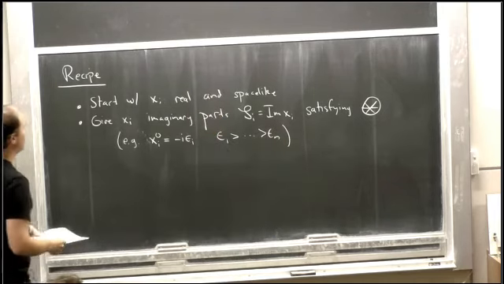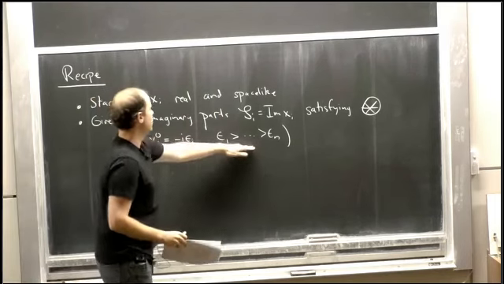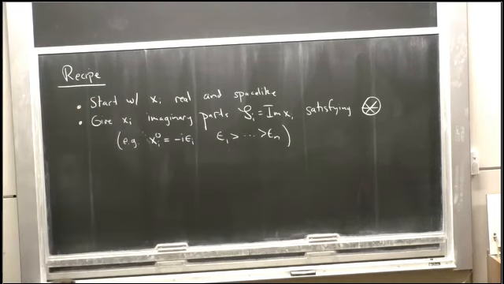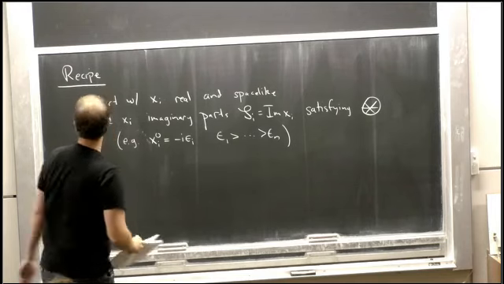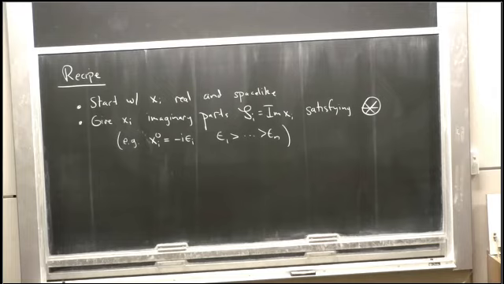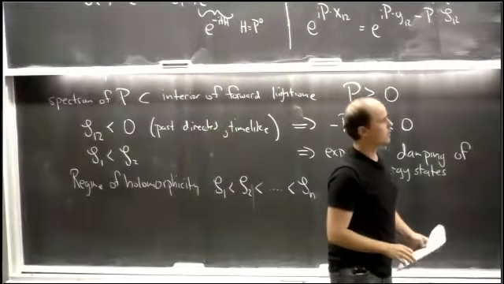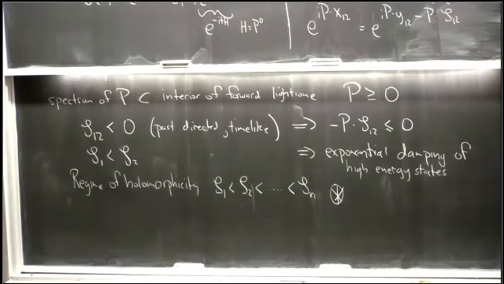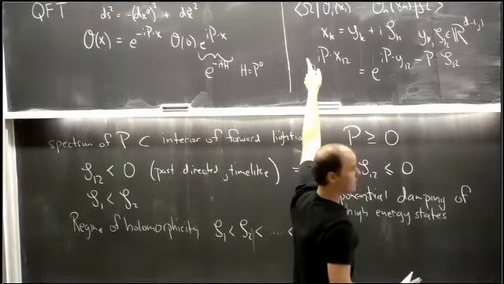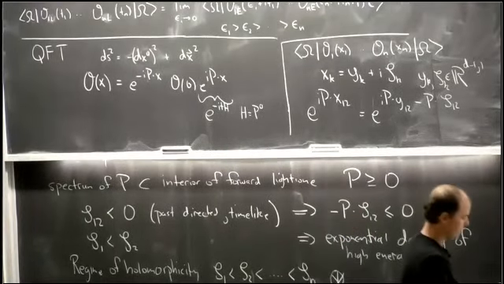Okay, and so that is essentially just doing what we already did in quantum mechanics. So remember, if the Lorentzian value of the time is minus i epsilon i, that corresponds via the dictionary up there to the Euclidean time being epsilon i. Okay, so this prescription here is the same as that prescription up there.